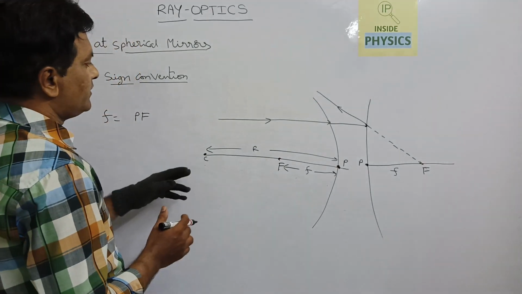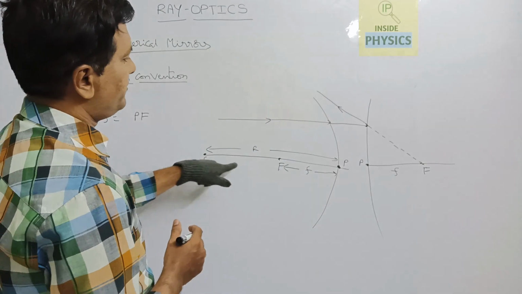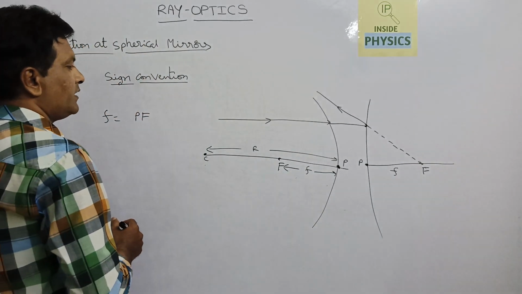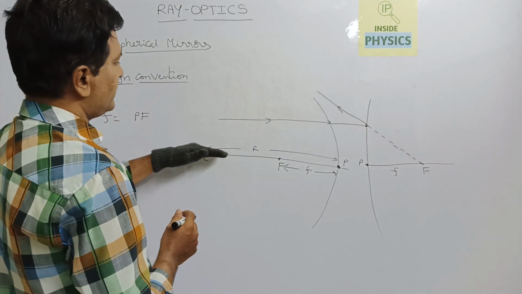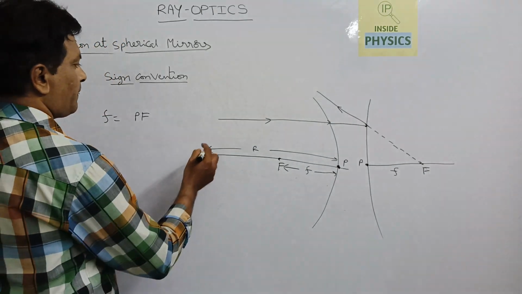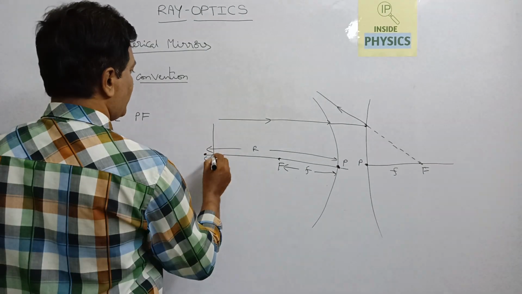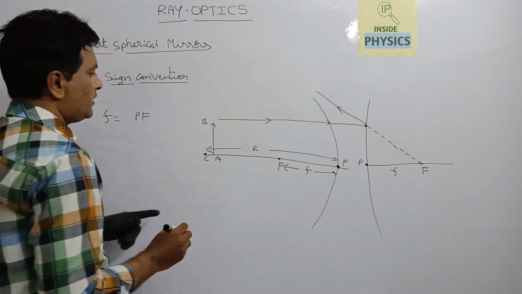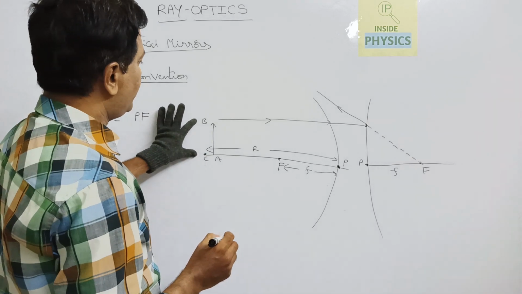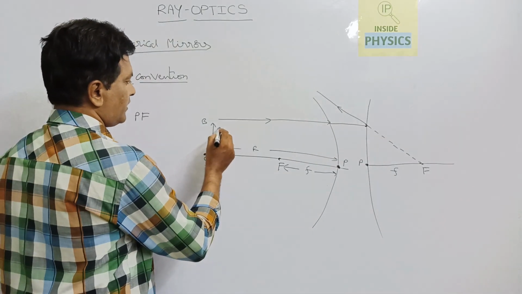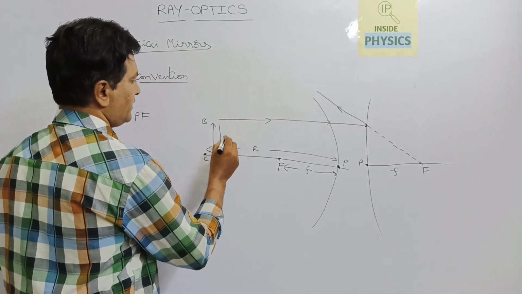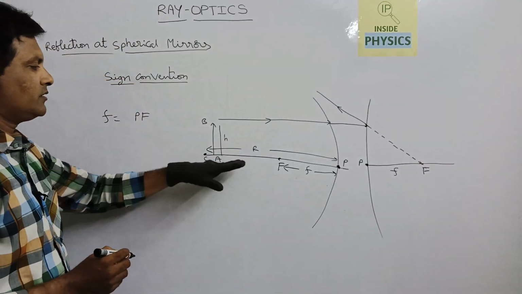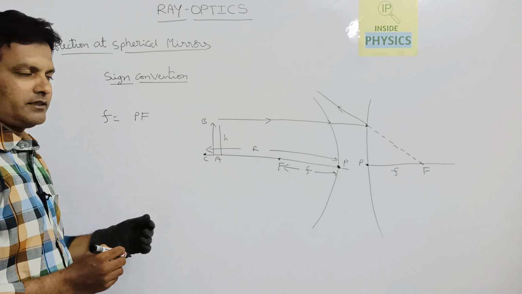And there is another rule here. If this is the principal axis, and whenever we consider a distance above the principal axis, that means if you put an object here, AB, and you consider this object height as h, that object height is considered positive because this is above the principal axis.